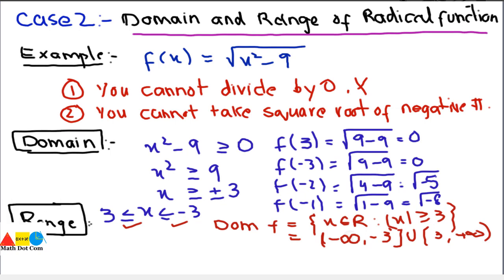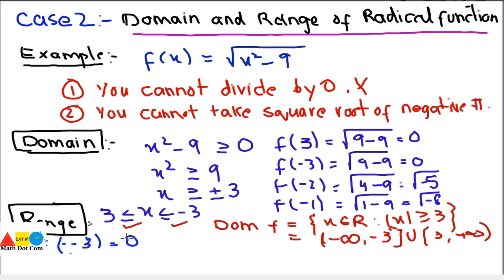So for finding the range, we have to check the behavior of the function: whatever value of x we put, what do we get? For example, the domain is from minus infinity to minus 3. If I put minus 3, we will get 0.